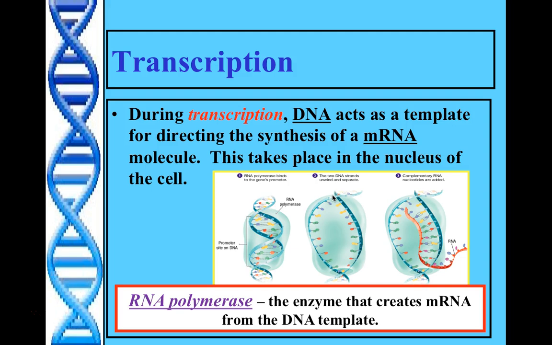But remember, in DNA replication, we said that the name of the enzyme was called DNA polymerase, and that was the builder, and that was the one that was adding all the nucleotides onto each side. It's the exact same concept, except now the only difference is the name of the enzyme is called RNA polymerase, and it does the exact same thing, except RNA polymerase has the capability of adding uracils, where DNA polymerase did not.